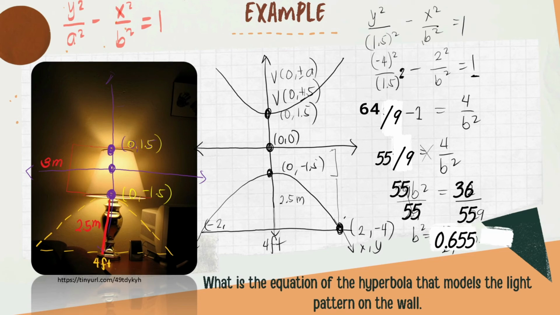If we finalize the standard equation, b squared becomes 0.655, and 1.5 squared is 9/4 or 2.25. So this is the standard equation of the light formed on the wall by the lampshade.